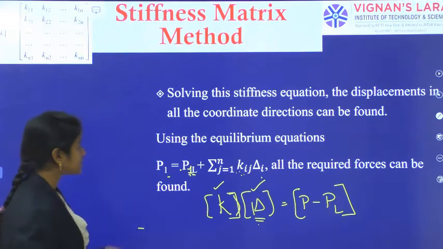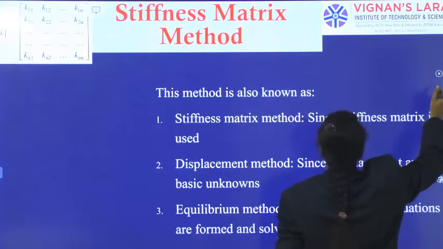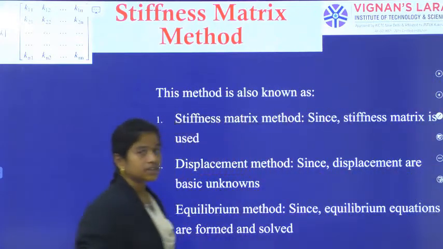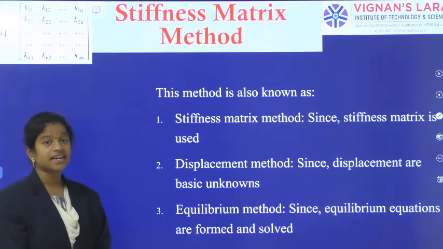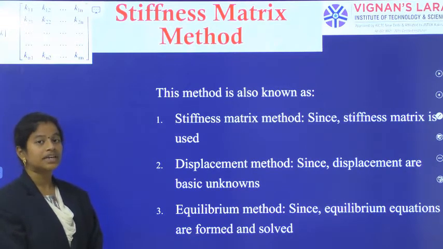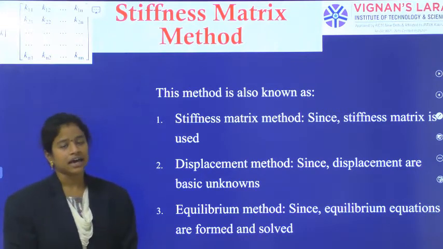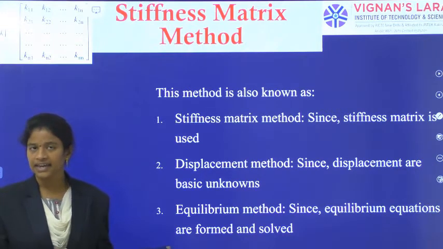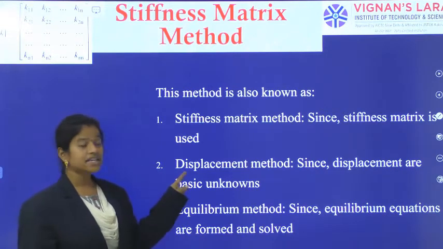Okay, so in this way, we can evaluate the stiffness matrix analysis. And as we have already said, it has 3 names. The first one is the stiffness matrix method. In the stiffness matrix method, I am using the stiffness matrix K. And then the displacement method.